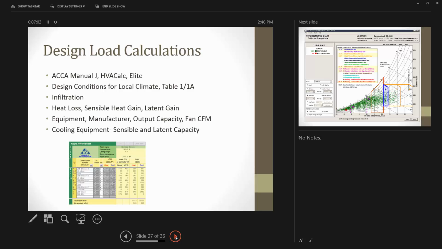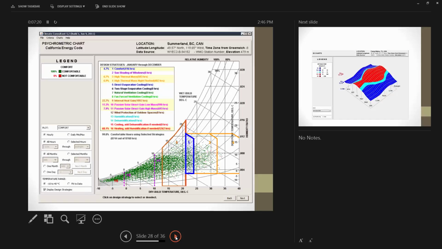The other part of actually putting those calculations together are the design conditions for the local climate. And as I said, you can find that in a lot of different ways, a lot of different resources. This is just a quick screenshot out of a program called Climate Consultant.